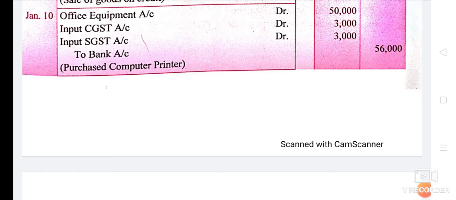So to bank account 56,000. We have paid 56,000 to the computer shop owner, total amount. Out of that 50,000 was the price of that computer printer actually, and added tax GST added 6,000. So total amount paid by us is 56,000. Understood?